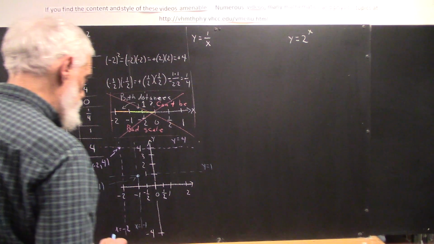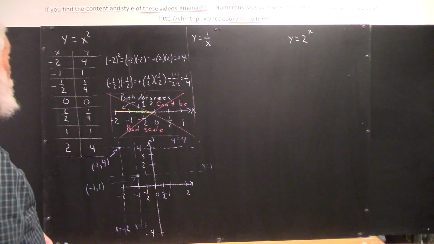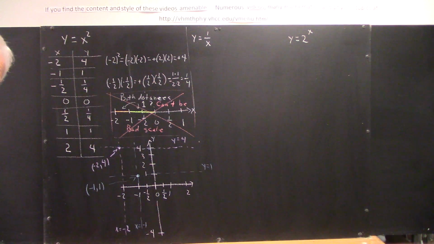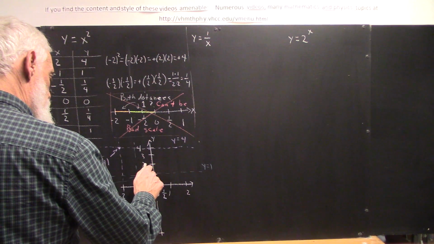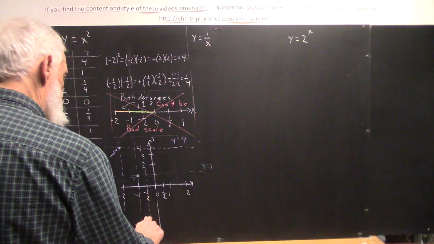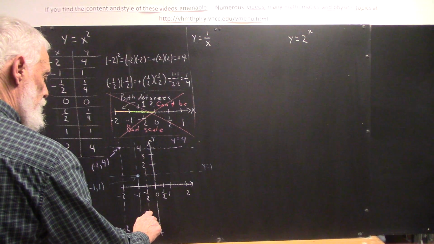And then the point 0, 0, or the point -1/2, 1/4. Okay, kind of running out of colors here. I think I've run out of colors. I'm not going to be able to color code every point. But I'll draw my line x equals negative 1/2.